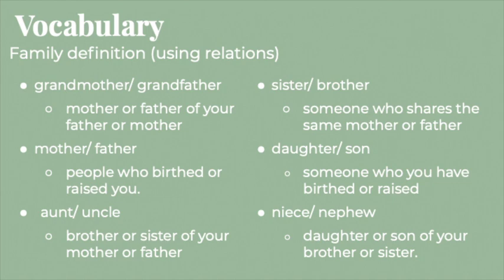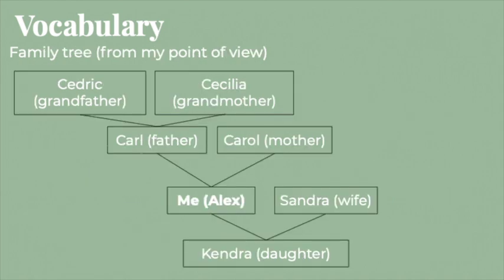I know that's a little confusing, so don't feel bad about pausing or replaying this video just to make sure you understand. So, to take another look at these terms, I think it helps to do something called a family tree. A family tree is basically a map or a graph, a visual representation of your family. So here you can see my family tree. I am in the middle, that is me, Alex.